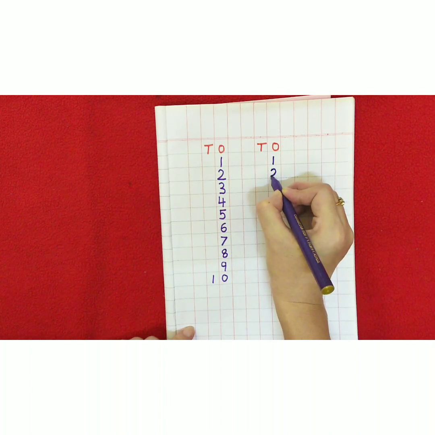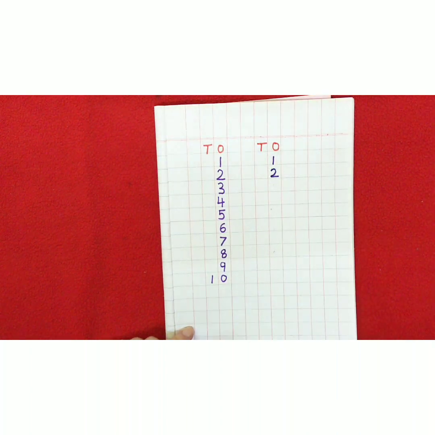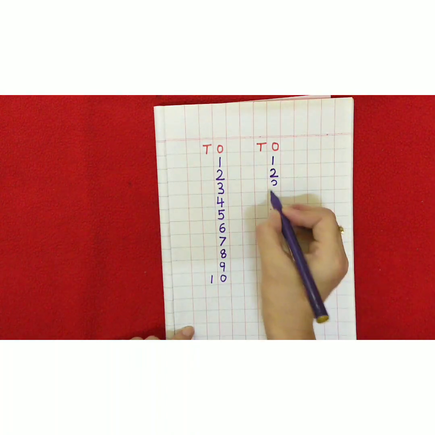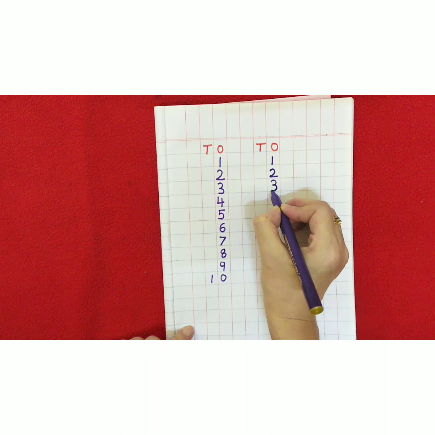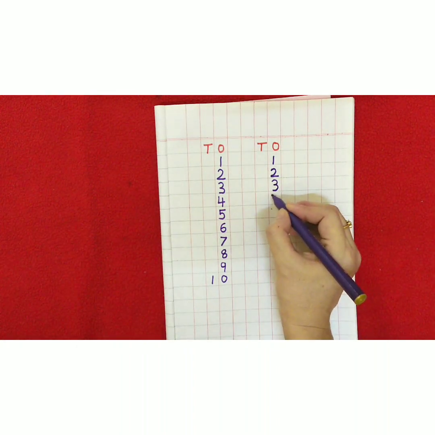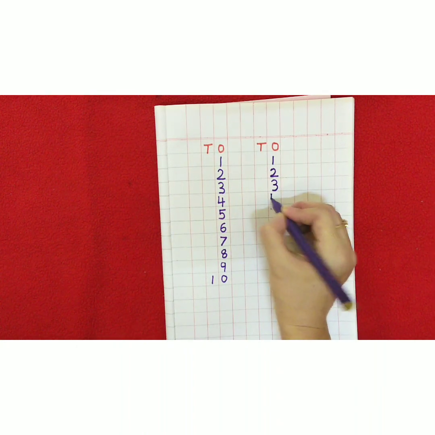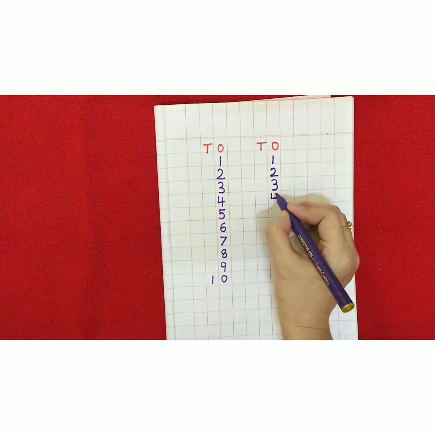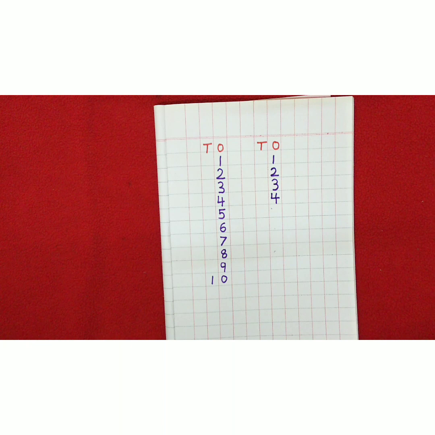A left curve and a sleeping line, 2. A left curve and again another left curve, 3. A small standing line, a little long sleeping line and a long standing line, 4.